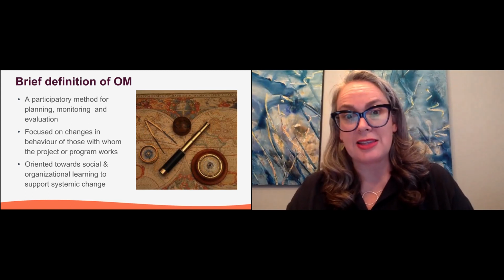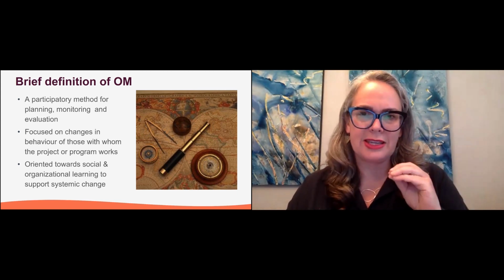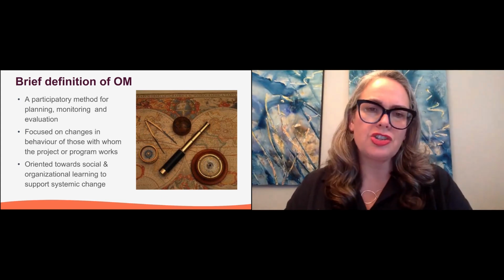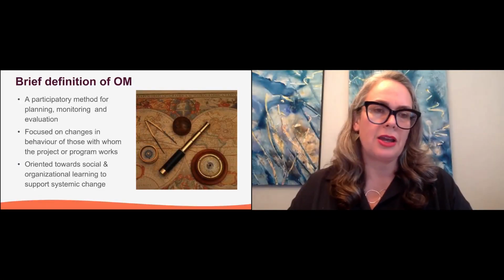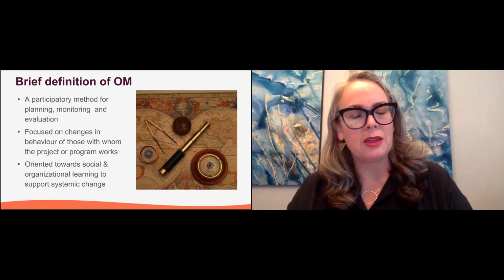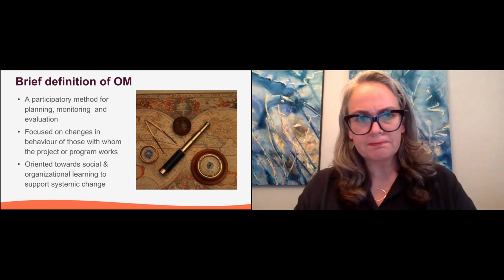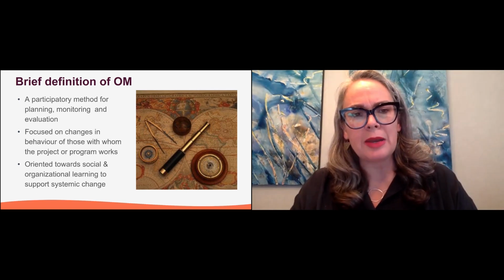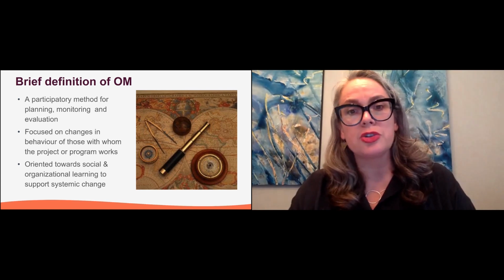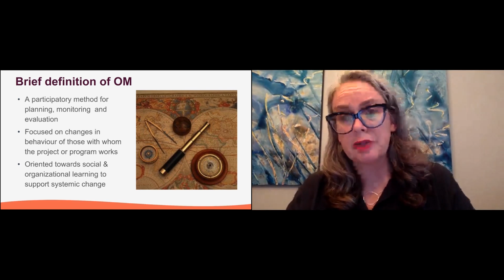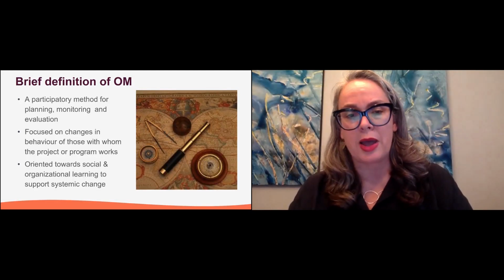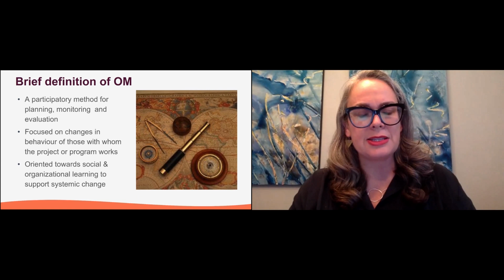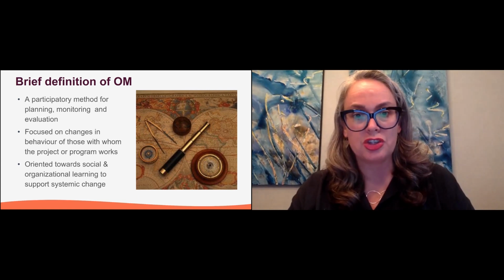As Simon's just highlighted, it really hones in on changes in behavior of those with whom the project or program is working in various capacities. And it's also an approach that is really geared towards social learning and organizational learning. And that links back in with the participatory element as well. And it does that to support systemic changes in a given context.